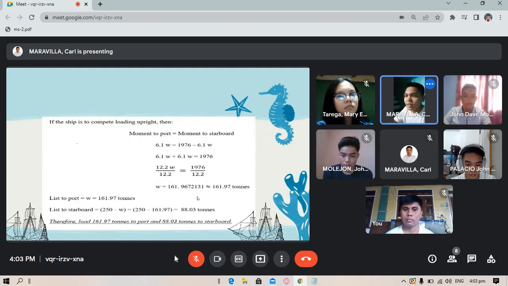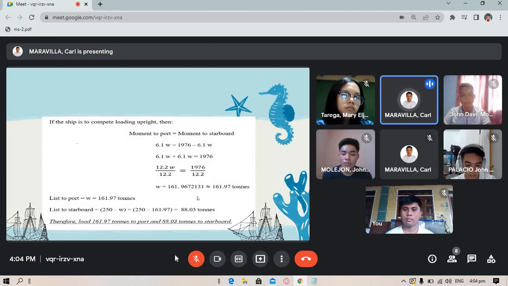Thank you for that. Now that we have the final moment to port and to starboard, we can formulate an equation to get the weight that we are going to load on port and starboard. If the ship is to complete loading upright, then the moment to port is equal to the moment to starboard. So 6.1 W is equal to 1976 minus 6.1 W. We can simplify this by transposing negative 6.1 W to the other side.